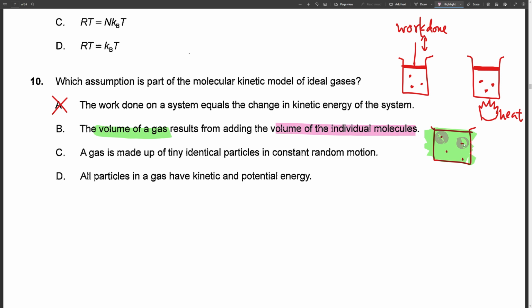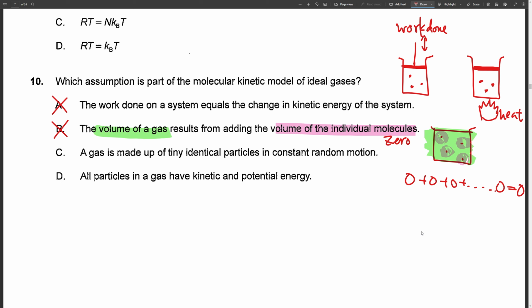Adding up all these molecules' volumes together, it becomes the total volume. And this is wrong. The reason is, in the assumption of the molecular kinetic model of ideal gas, the volume of each tiny molecule is 0. Which means the pink volume should be 0 plus 0 plus 0 plus forever 0, which is still 0. So B is wrong.